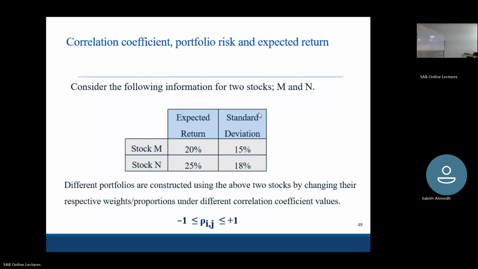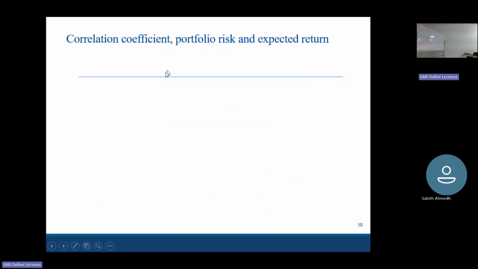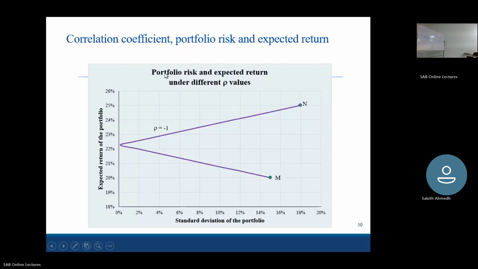Right? If you invested in M only, your total wealth in M, then your risk is here, and your expected return is here, 15% something.